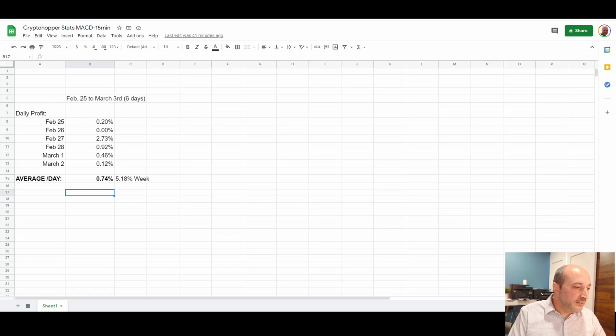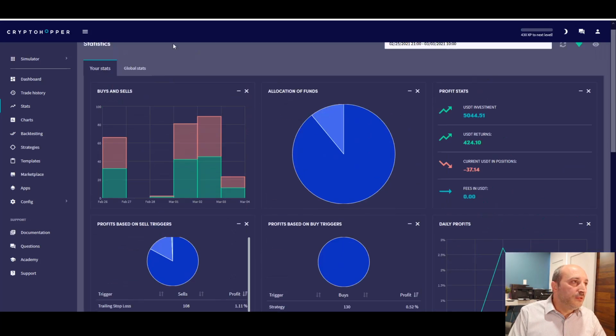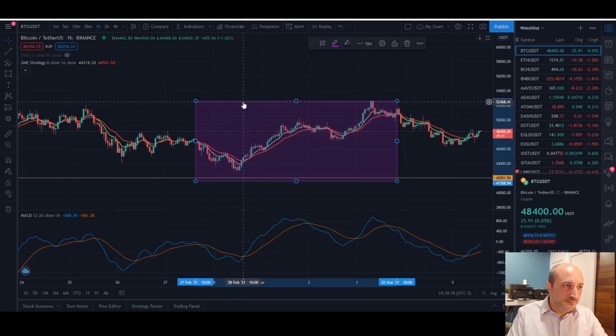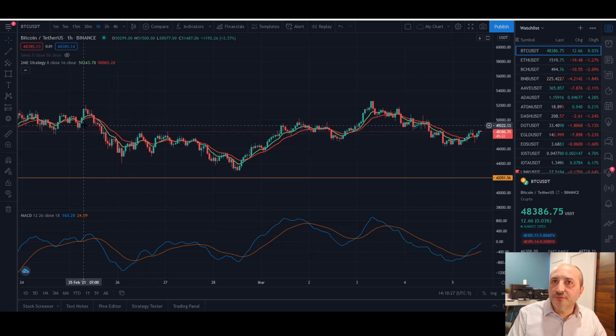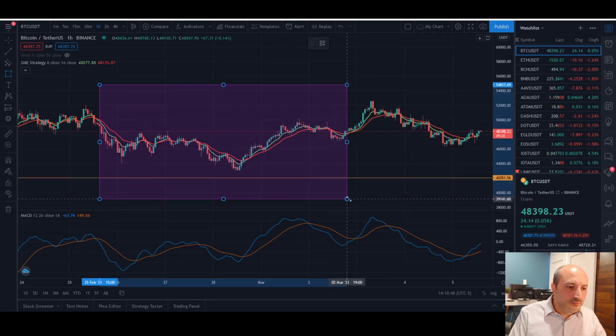If we go back right here, and I go here, the 25th was right here. It was the 25th midday, so probably somewhere around here, up to the 3rd.